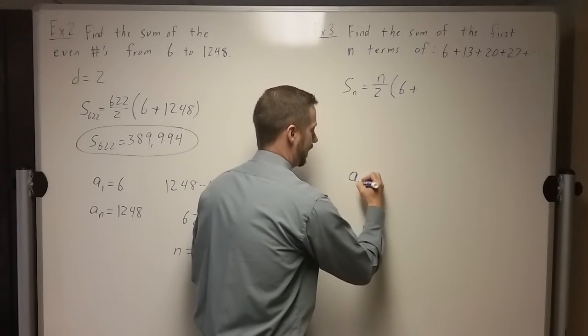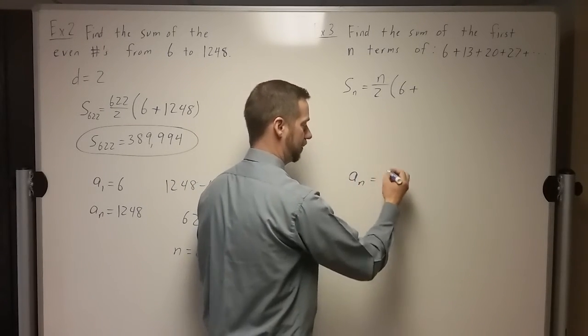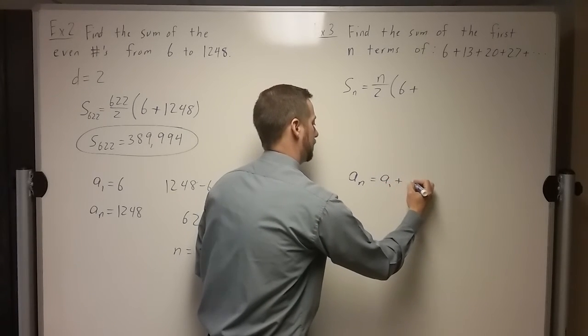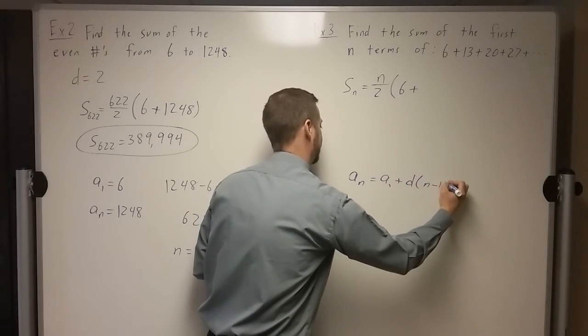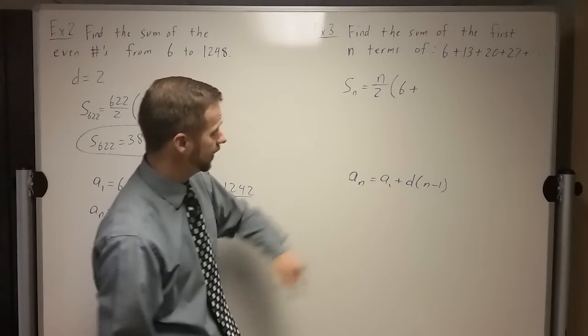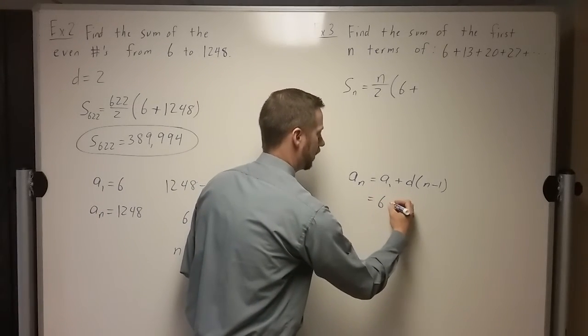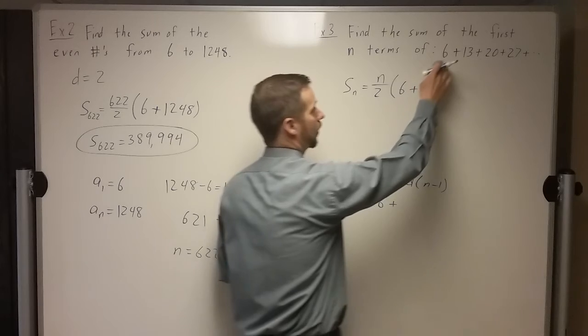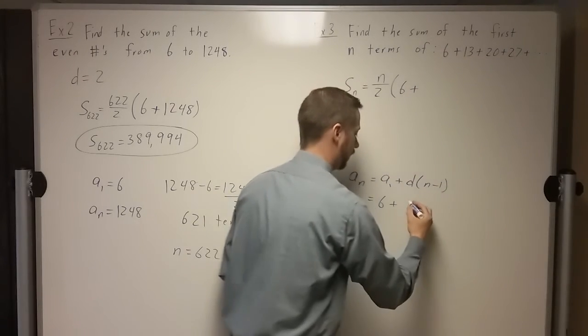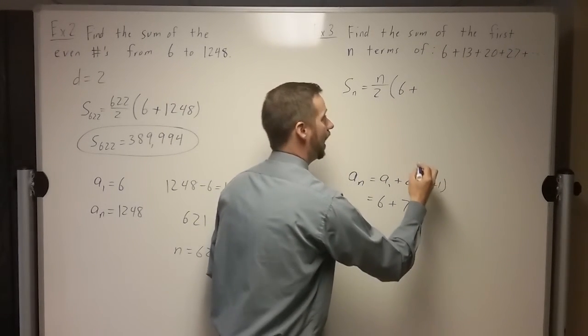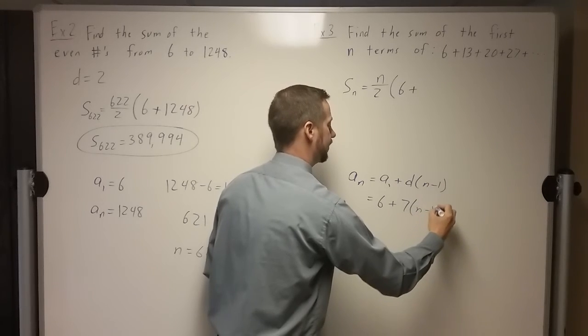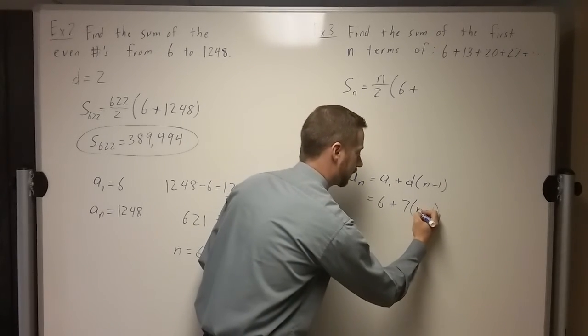And so we're going to go back to that formula to find the general term of an arithmetic sequence, which we do the first term plus the common difference times n minus 1. First term is 6. Common difference here, we're going up 7, up 7, up 7, so common difference is 7.